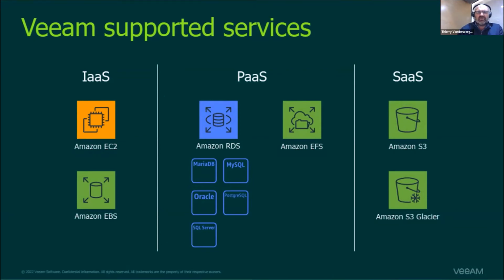This is version 4 features, so we can protect your Amazon EBS and EC2 instances. We can protect and back up your Amazon RDS relational database systems, Elastic File System, and of course, we can use the storage S3 and Glacier and the other tiers within your AWS infrastructure.